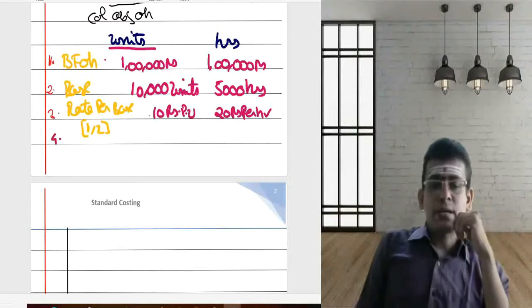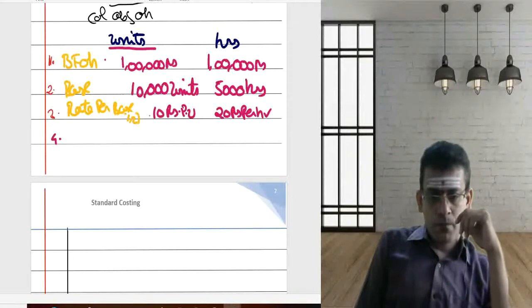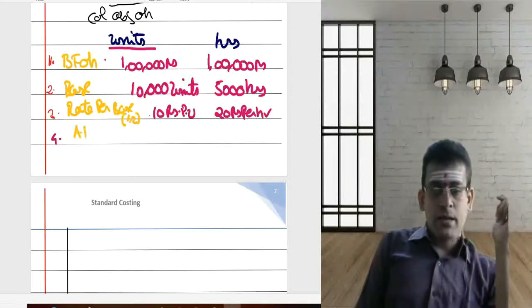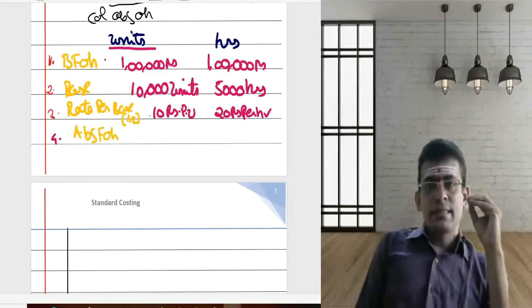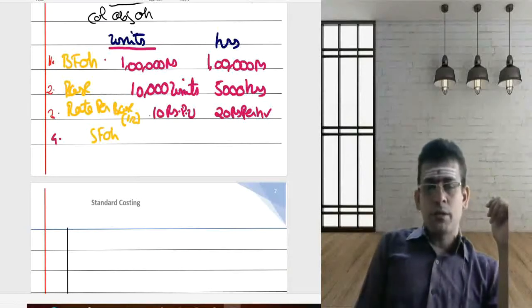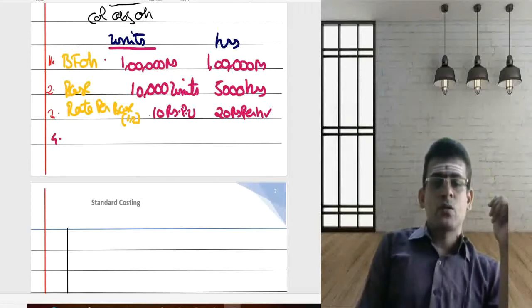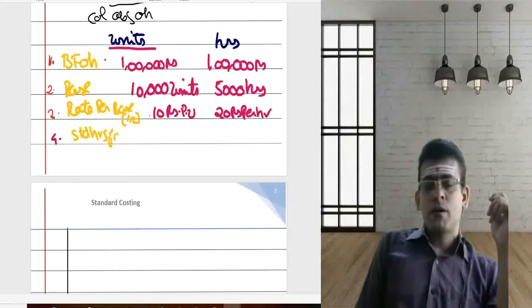The fourth step is speaking about, okay, let me write it like this. So step 1 divided by step 2, let me put it here. Now, what is the fourth step? The fourth step is nothing but the calculation of your absorbed fixed overheads. In this case, I need to add one more thing here. Generally, I need to calculate something called standard hours for actual output.